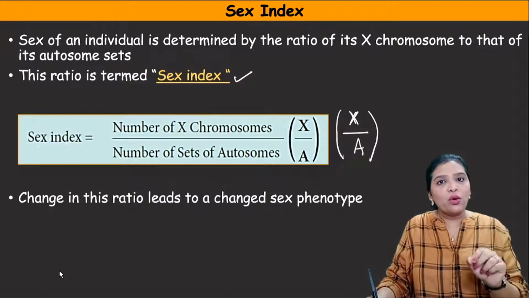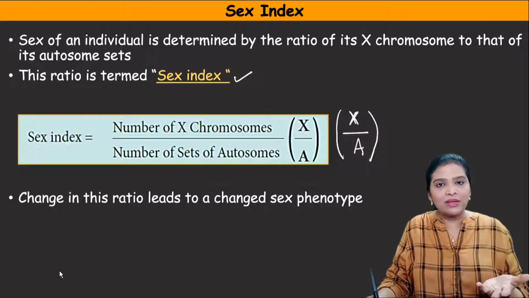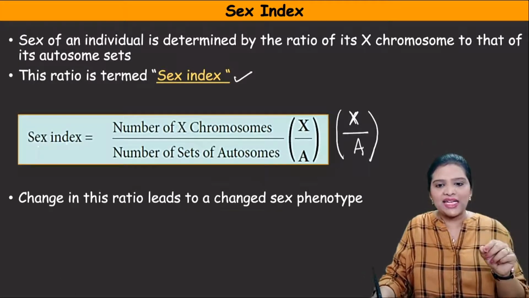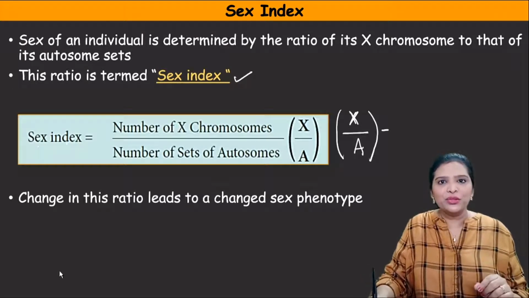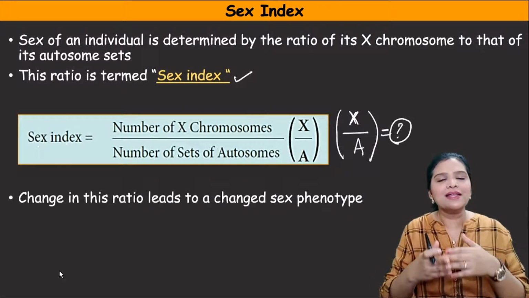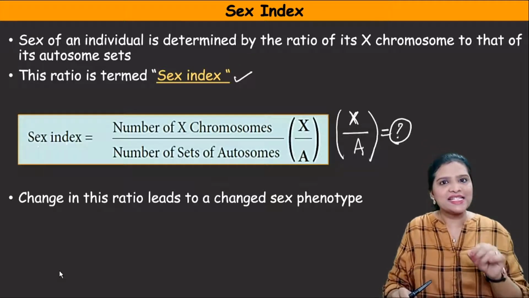To know whether a Drosophila is a male or a female, just take the number of X chromosomes present in the Drosophila and divide it by the number of sets of autosomes present. You will get one number, no? This number will determine whether the organism is a male, female or an intersex. So this is called the sex index ratio.